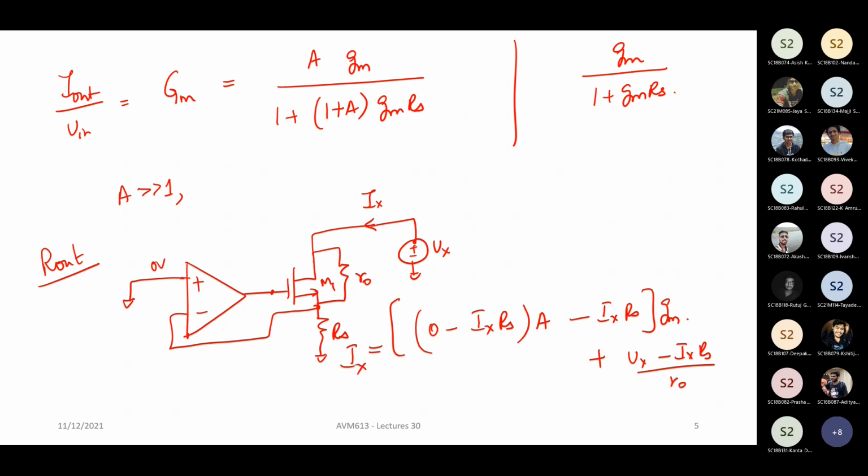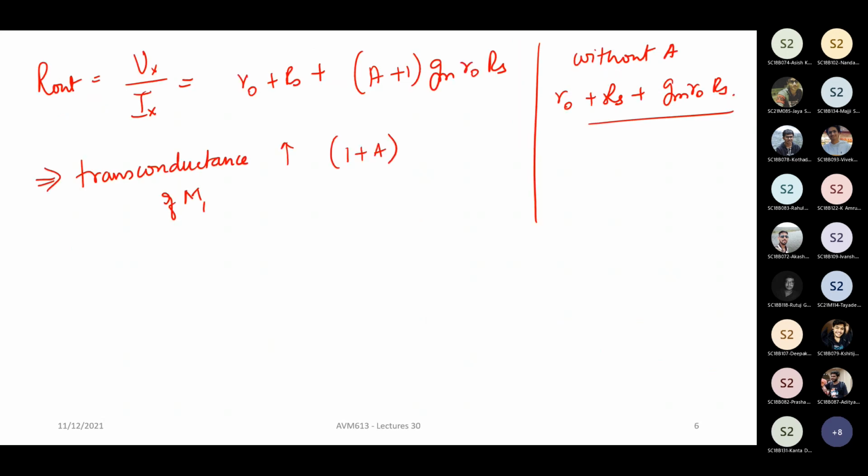Even in the Rout expression, instead of just having the transconductance, you have Gm multiplied by A plus 1. So this is what is called a gain boosted transistor, or this technique is called gain boosting, or in other words, a regulated cascode.